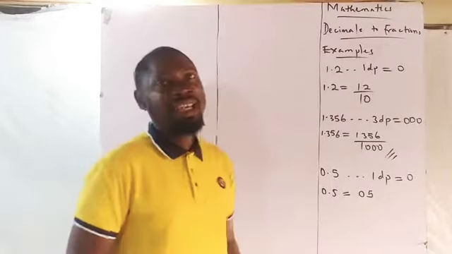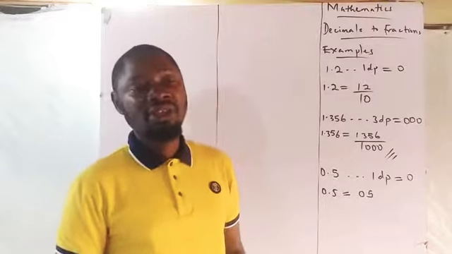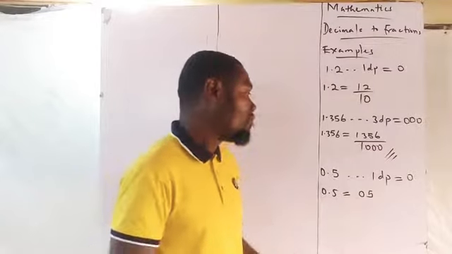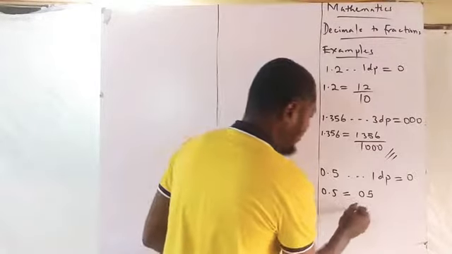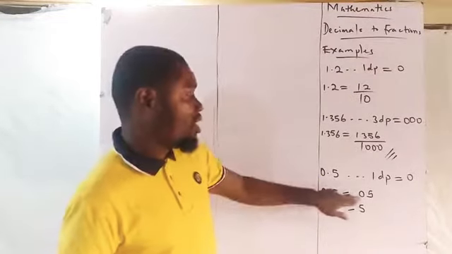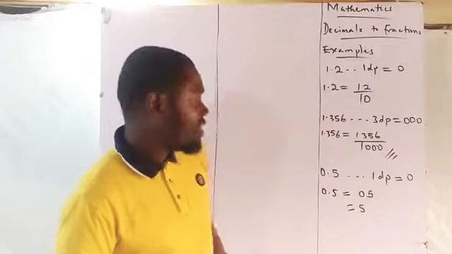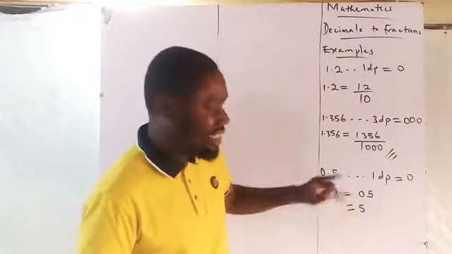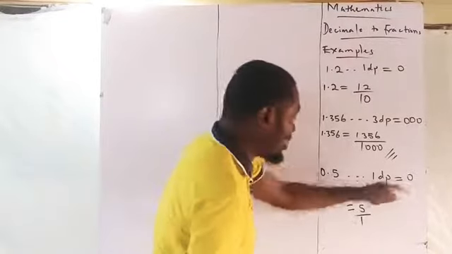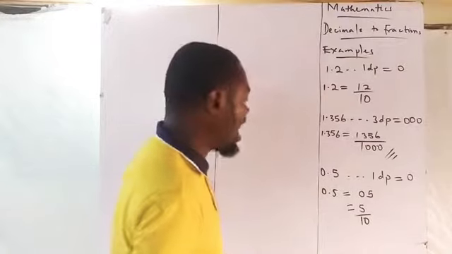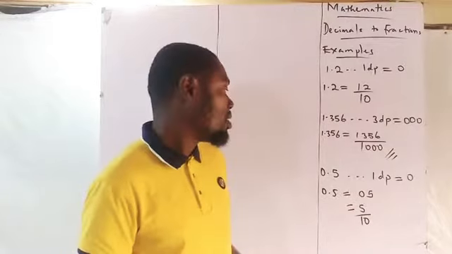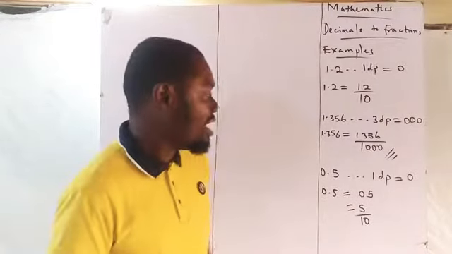Remember, you've been taught significant figures and numbers that you can approximate. 0.5 is the same as 5 because this 0 is not significant. That you should know. Over 1. Take the 10 and add. So 0.5 is simply 5 over 10 in fractional form.